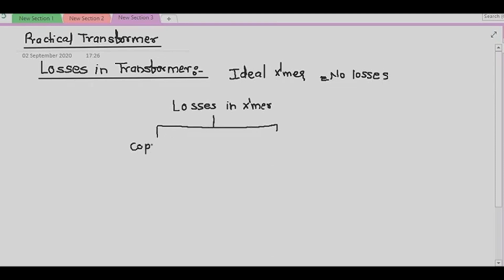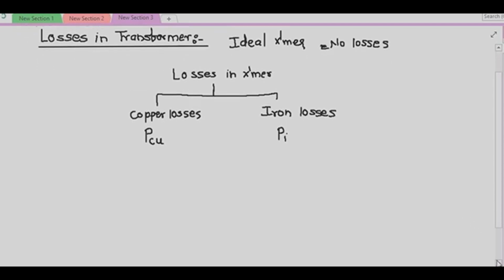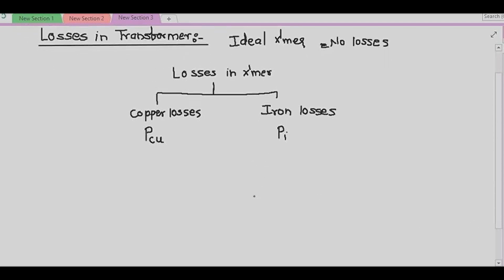Copper losses, which are denoted by PCu, and iron losses, which we denote by Pi. Loss is nothing but the loss of power, that's why they are denoted by P with a suffix: Cu for copper losses, i for the iron losses.